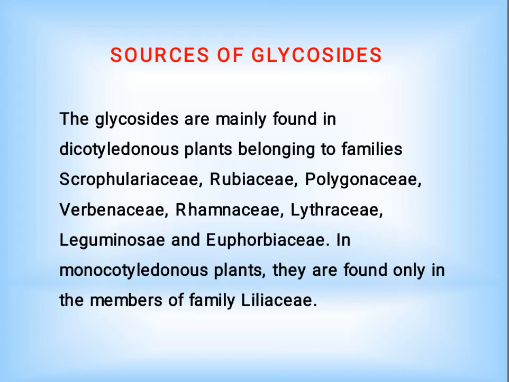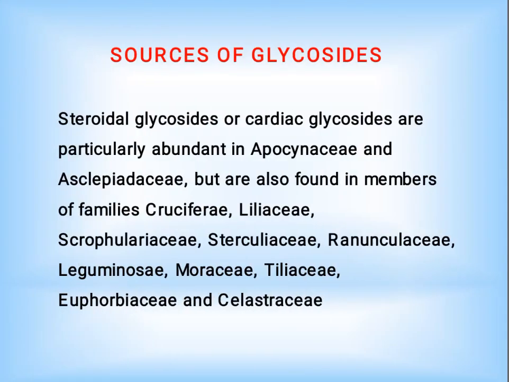All these families will show a high amount of glycosides in their tissues. In monocotyledonous plants, glycosides are found only in members of family Liliaceae. So the majority of glycosides are found in dicotyledons, and in monocotyledons, family Liliaceae is the single family which shows the presence of glycosides.